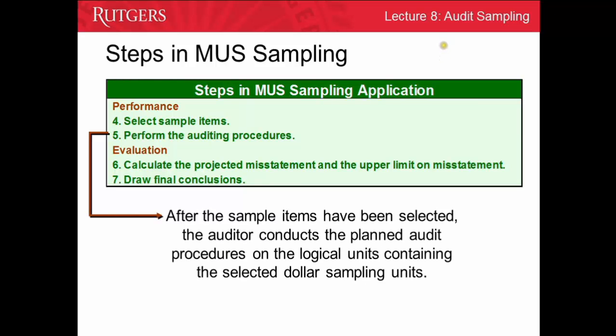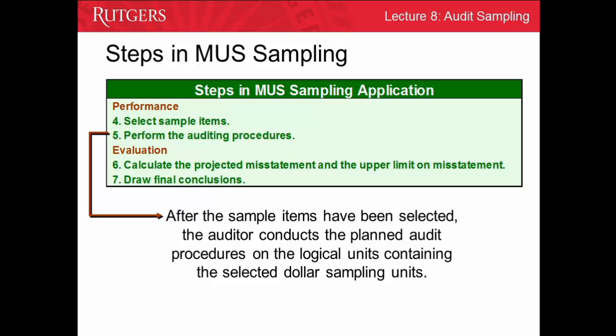Then the next step in applying MUS is to perform the audit procedures. After the sample items have been selected, the auditor conducts the planned audit procedures on the logical units containing the selected sampling units. In some instances, the auditor may not be able to conduct the planned procedures on the particular logical unit.